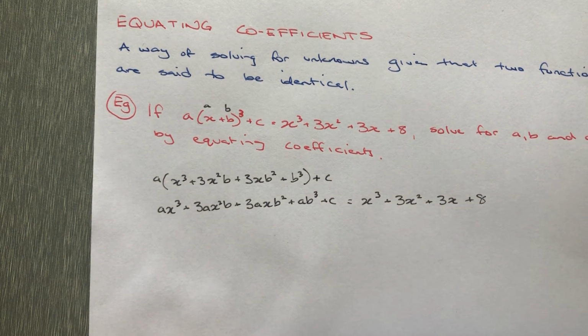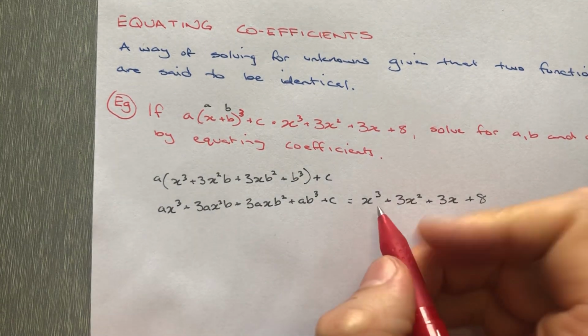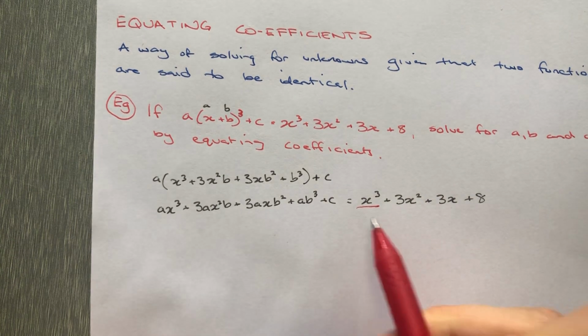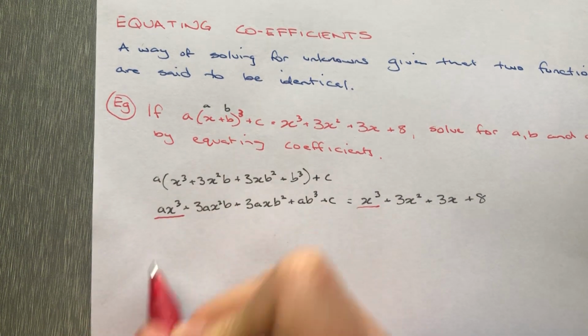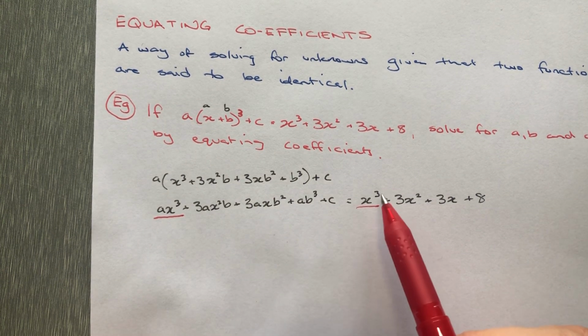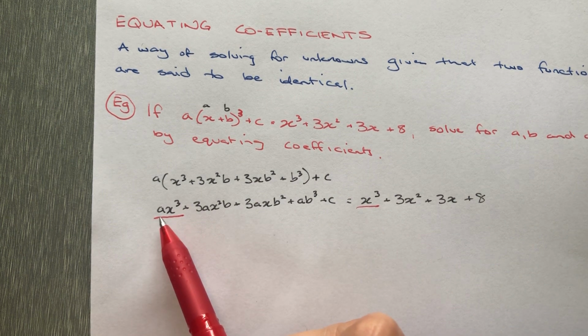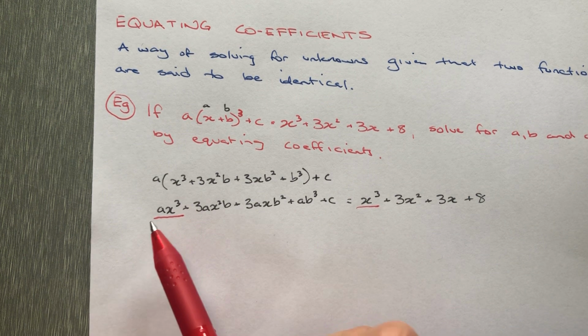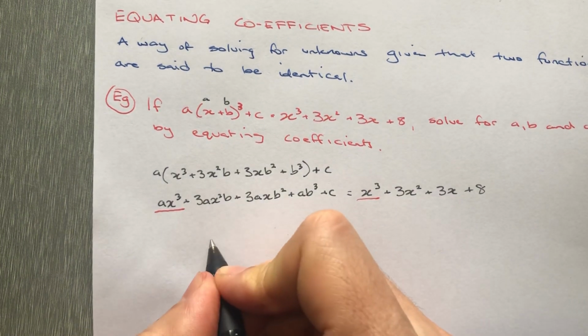You see how we have x to the power of 3 here, and the coefficient is 1. We've also got x to the power of 3 here, and the coefficient is A. If these are the same thing, that means that this one here has to be the same as that A there. So that means A is 1. We've already got our first answer.